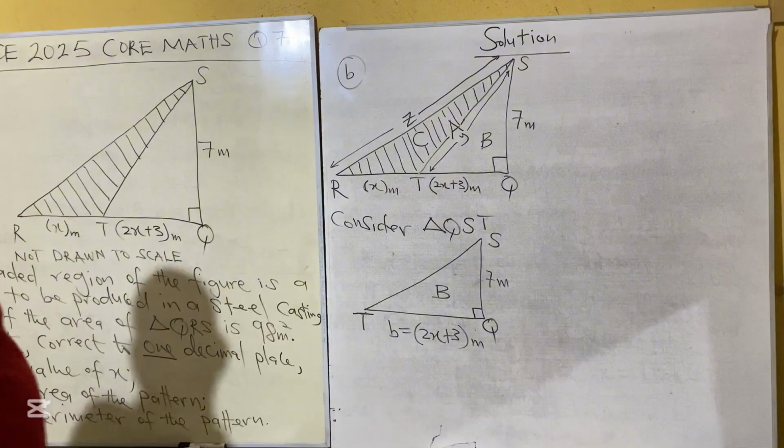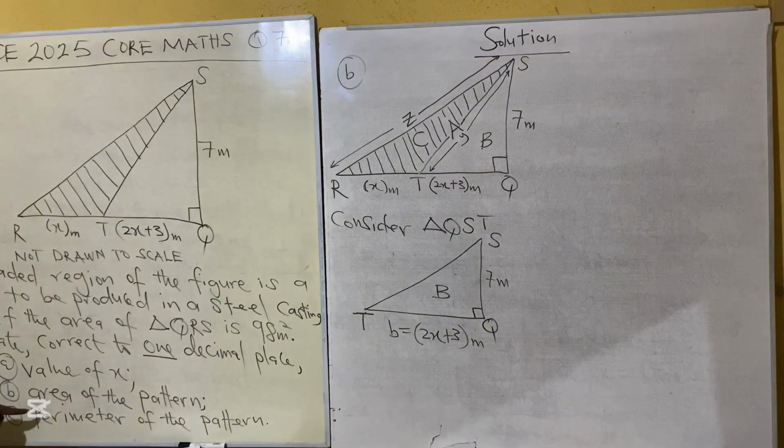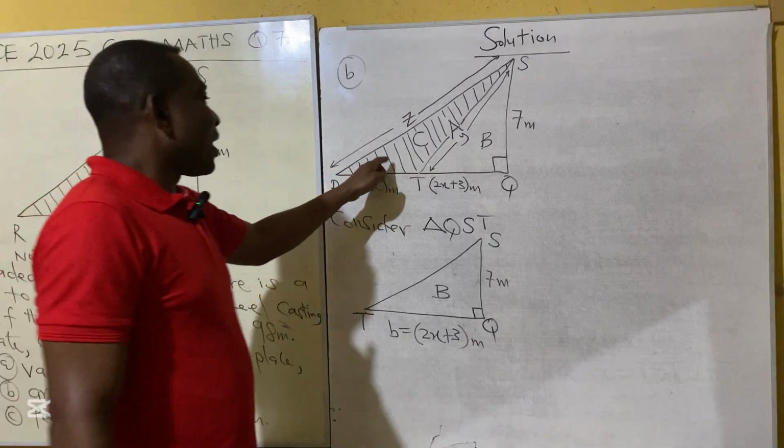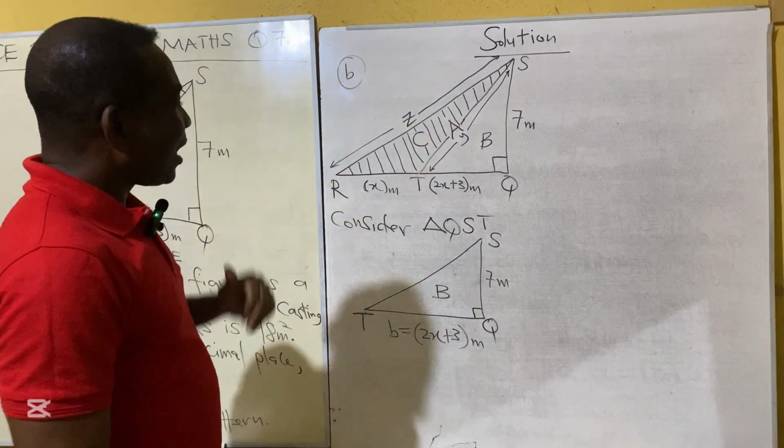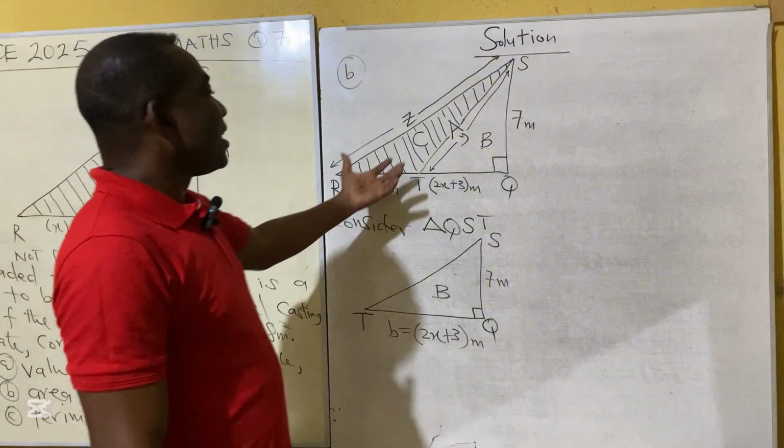The B part of the question says that we should calculate the area of the pattern. This is the area of the pattern, the shaded region. Now, I redrew this diagram and labeled it.